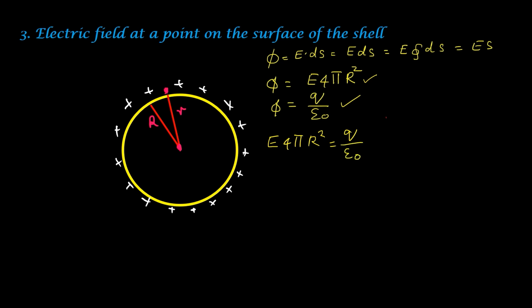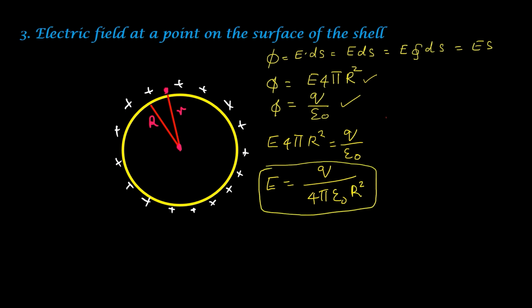From this we get the value of E. E is equal to Q by 4 pi epsilon naught r square. So this is the expression for electric field at a point on the surface of the uniformly charged shell.